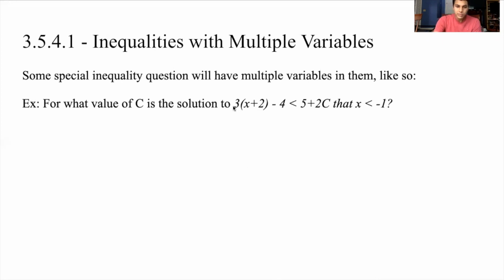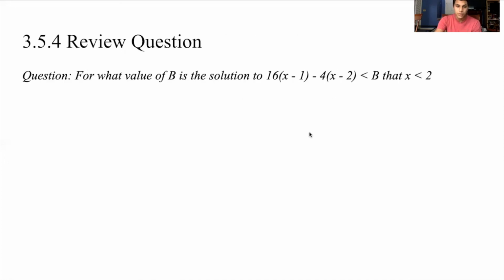So what I mean is we had 3 times x plus 2 minus 4 is less than 5 plus 2c, which we needed to turn into x is less than -1 for some value of c. And the way you do this is you simplify the mess, which I'm calling this inequality, as much as possible to get it as close as possible to this inequality. And then based off that, you create an equation in order to find the value of the other variable. Then we did a review question for this, where we found that the value of b for the solution to this inequality system was 16.